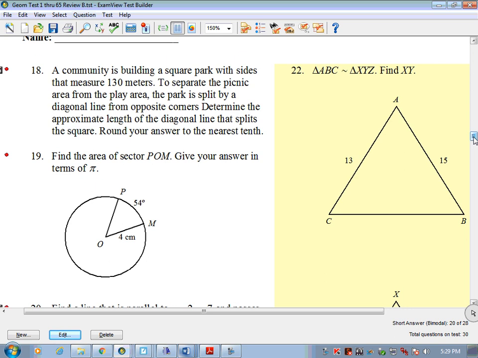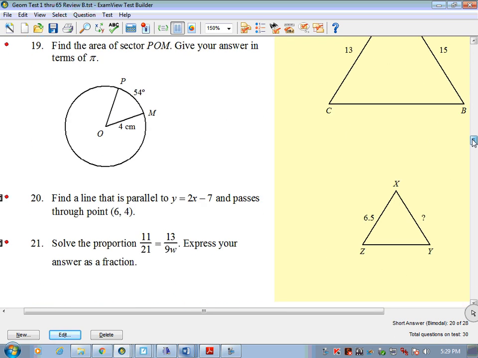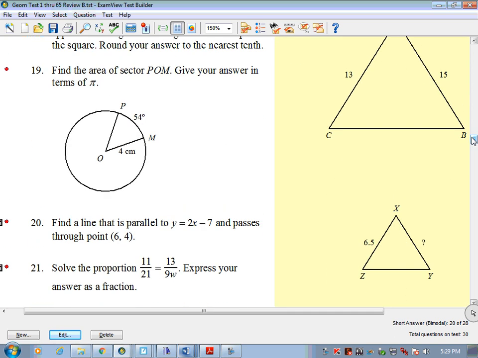All right, so we're told that these two triangles are similar and we need to find x. Okay, so again, we set up a proportion here. Our big triangle over our little triangle would be 13 to 6.5. Then we want to set that up as big triangle over little triangle is 15 over x.